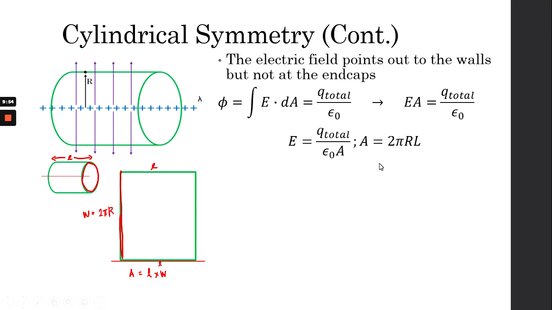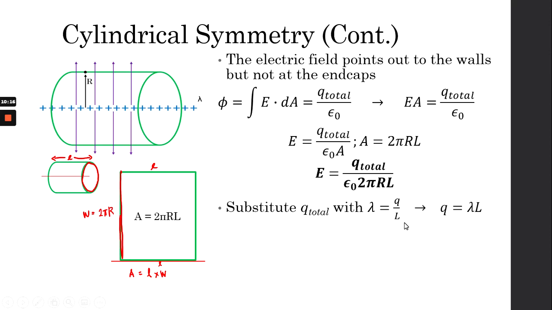After looking for the area of the cylinder, just substitute that value. You will have the electric field at this point is equal to the total charge divided by epsilon naught, or the permittivity of free space, 2 pi r L. And then what you want to do now is substitute your Q total with your linear charge density.